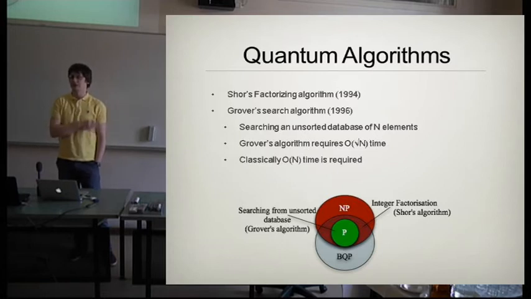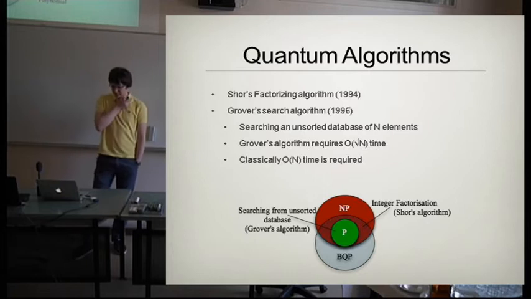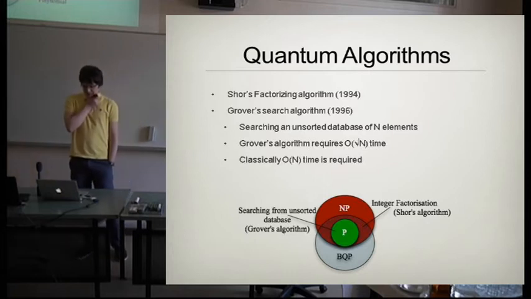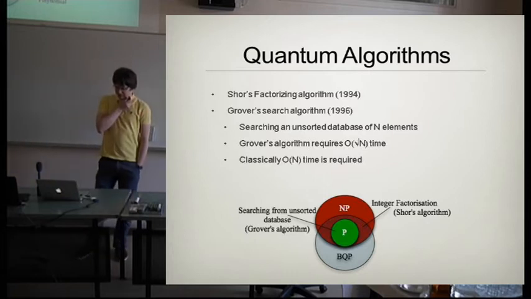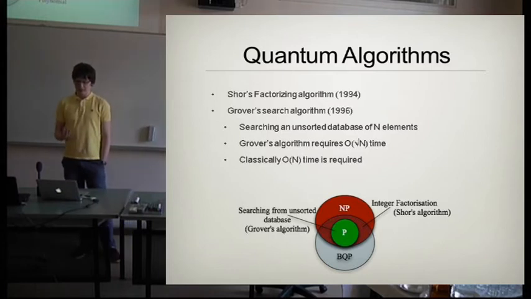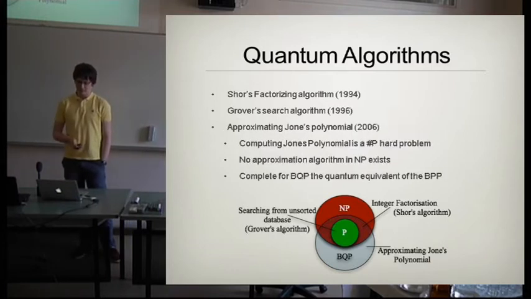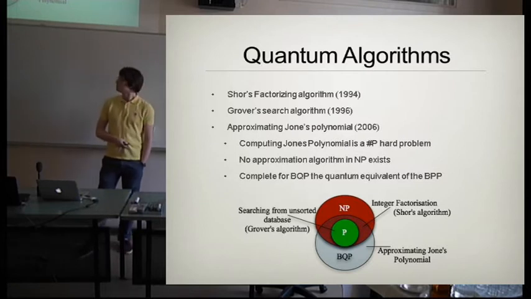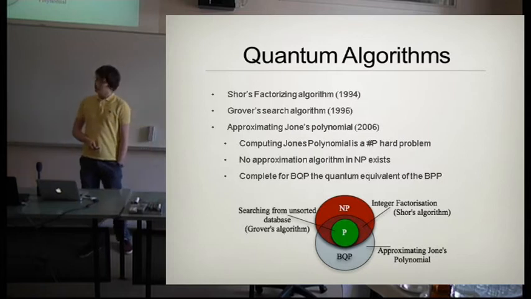It's a search from a database, which can be used as a subroutine in many algorithms. And another one is the approximating of the Jones polynomial, for which there isn't even an NP approximation. And this is a problem which itself is sharp-P hard. And this also can be solved quantumly.